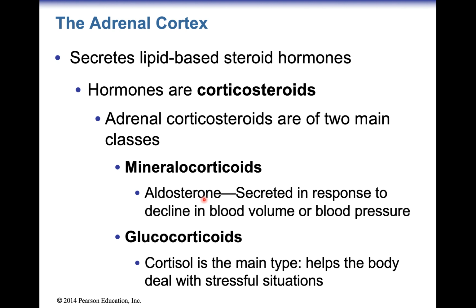So if your blood pressure is low, your body makes aldosterone to tell your kidneys to hold in more salt and hold in more water to help bring that blood pressure back up. The other class is called a glucocorticoid, and the main type of hormone glucocorticoids include are cortisols. Cortisols help with mental awareness in very stressful situations.